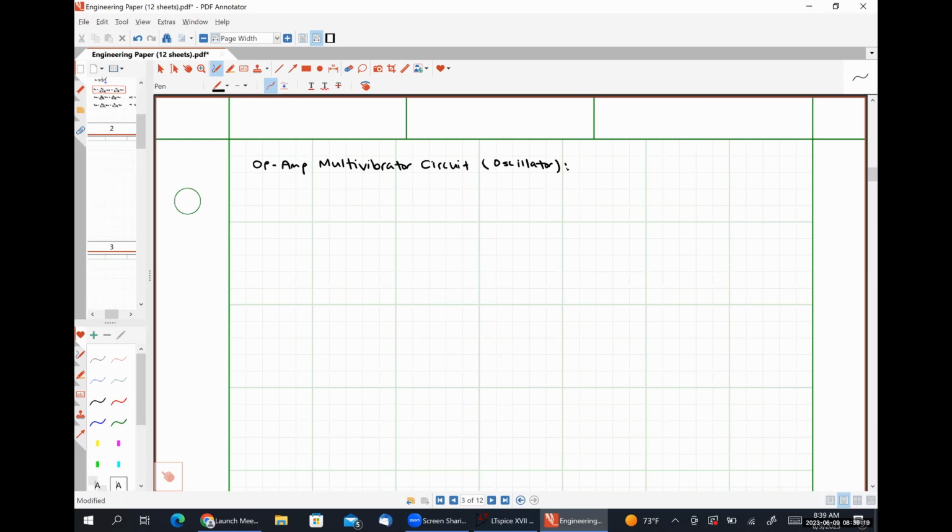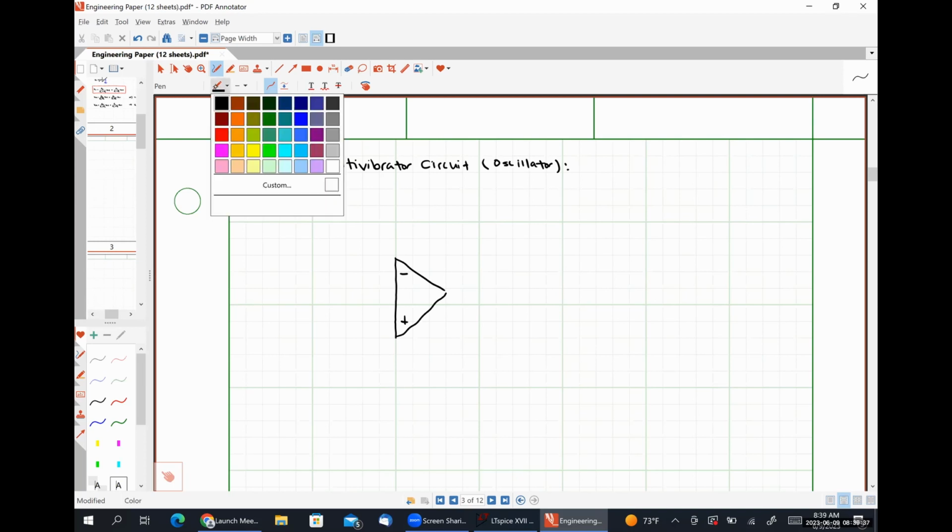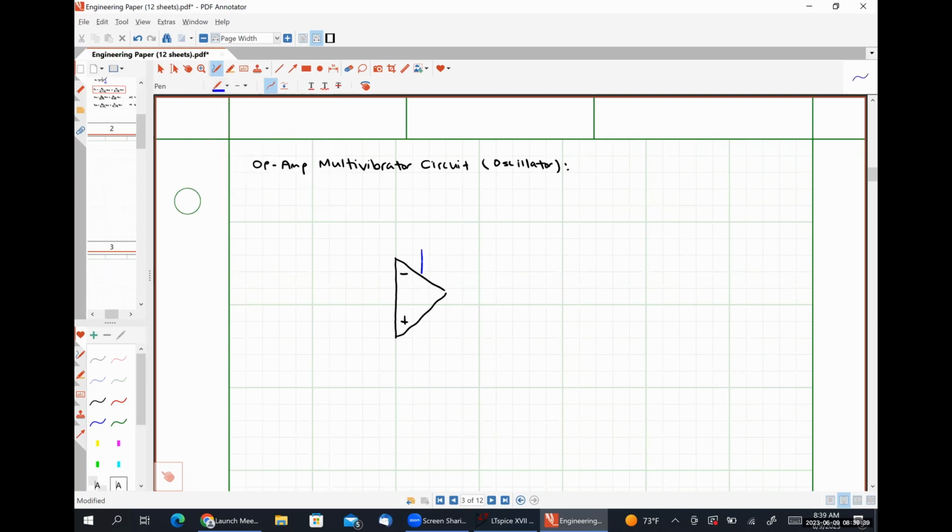So once again, we're going to start with our op-amp. Here is our inverting input terminal. I'm going to put it on top. You'll see why in a moment. Here's our non-inverting input terminal. Here we have our positive supply voltage, VCC plus.